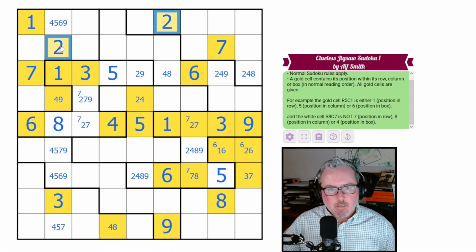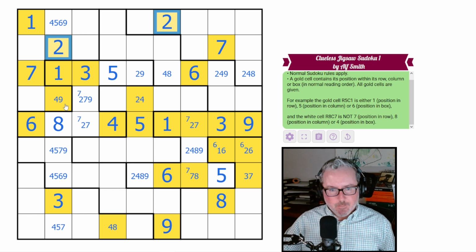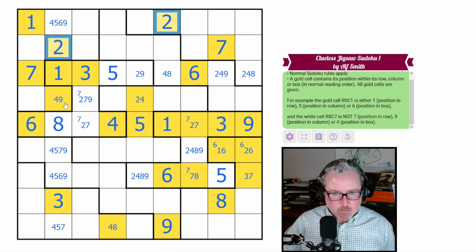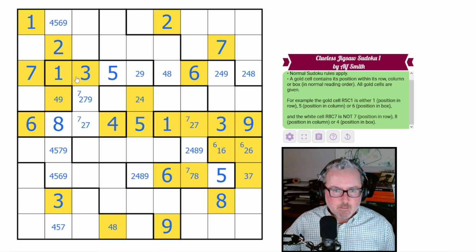It's a little bit hard on my eye, these irregular puzzles, just because it's not laid out quite as geometrically as I'm used to, but the only problem, for me at least, is just being able to really visually recognize each of these regions and how they interact with each other. But this can't be a 2 because of the 2 in the region. That's other things we can look at, make sure we're not missing those sorts of things. This can't be a 9. This can't be a 9.